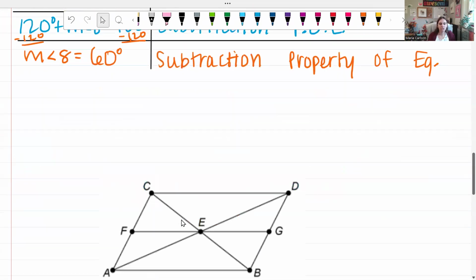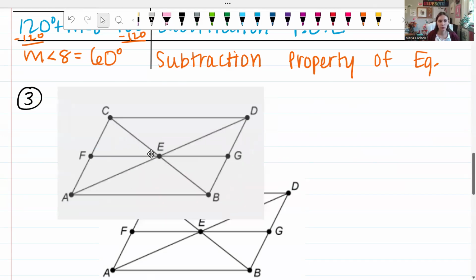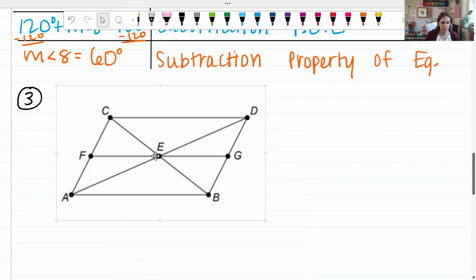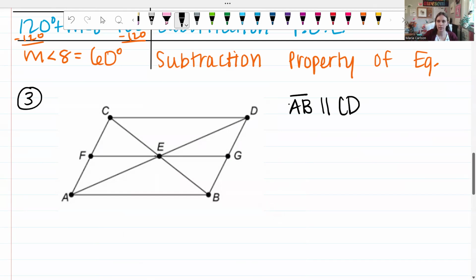Now we're going to start using these images here. So image 3, example 3, we have this parallelogram. Either recreate this in your notes or print it out if you have the means. In this parallelogram, segments AB and CD are parallel. CD is also parallel to FG, and AC is parallel to BD.